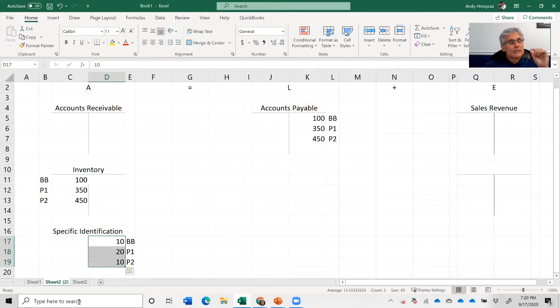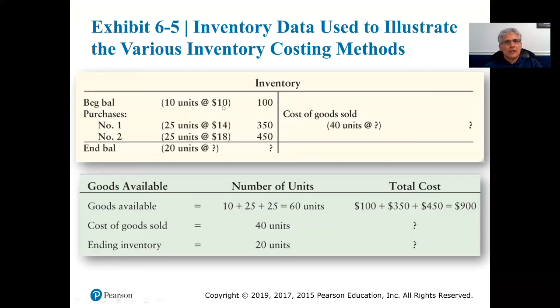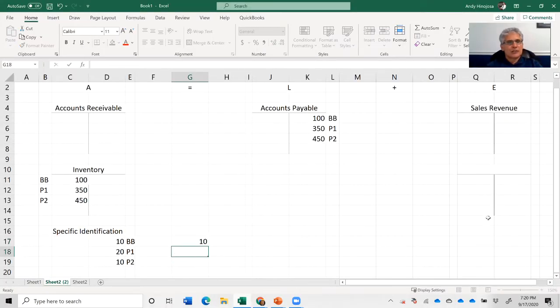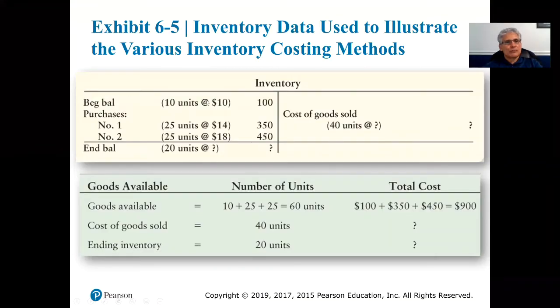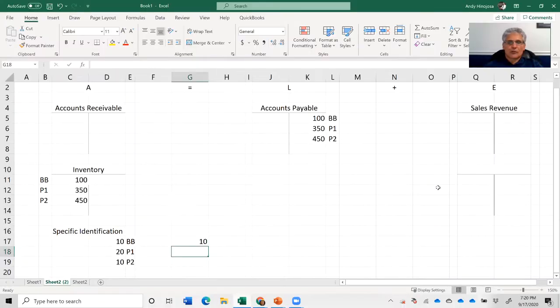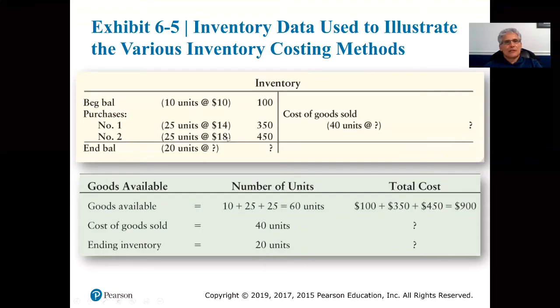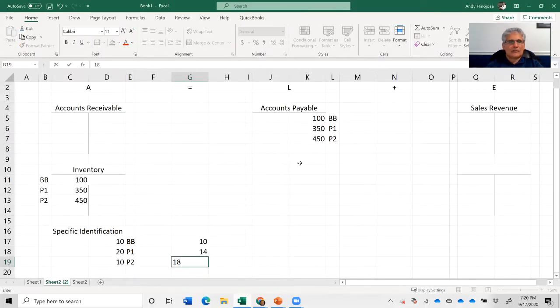Now, since we're using specific identification and we know which units we sold, we just need to identify the cost of each of those items. For the first 10, the cost was $10 each. For the first purchase, it was $14. And for the second purchase, it was $18.